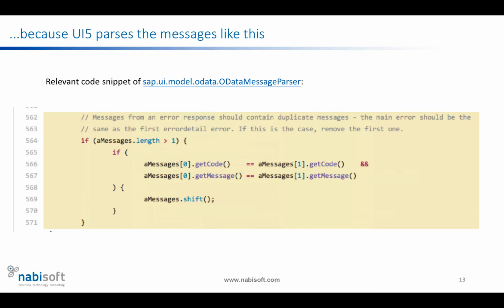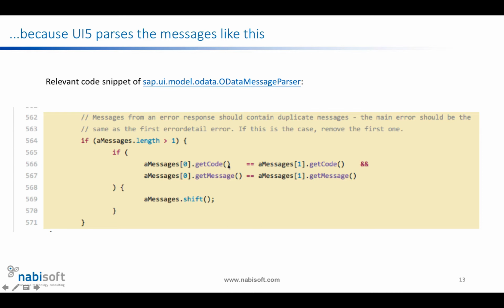It's because UI5 parses the messages from the OData like this. It has an OData messages array here, containing all the messages, including the so-called leading message. What it's doing is comparing the first message with the second message.